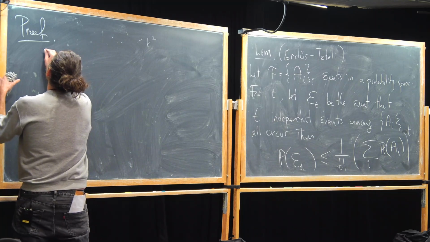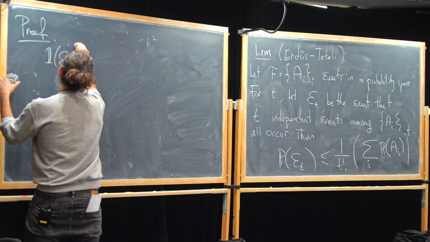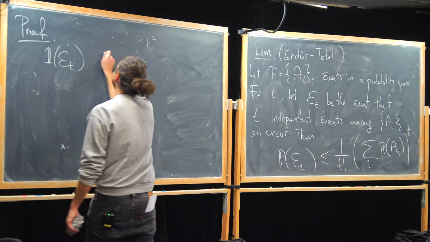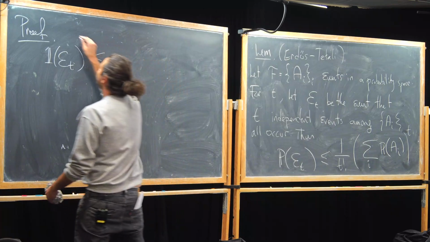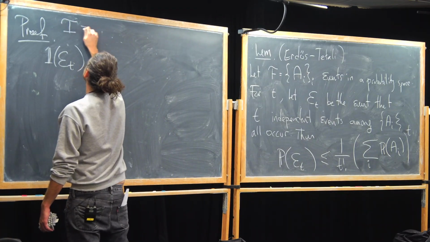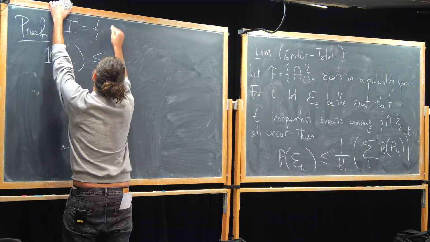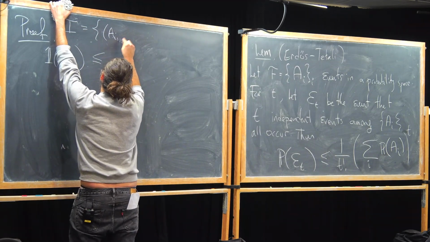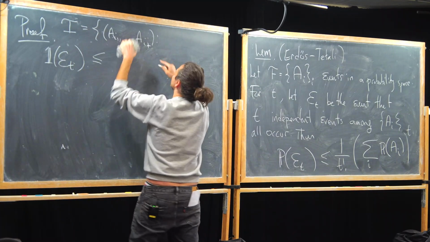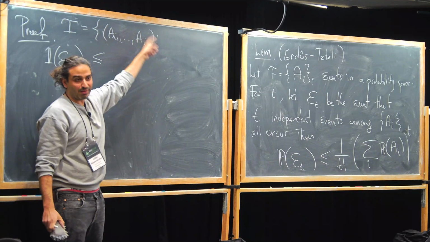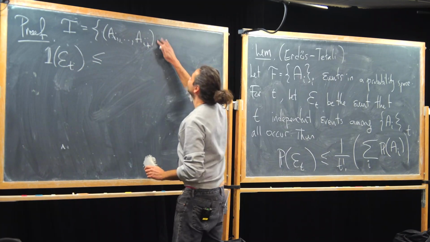Okay, so let me just write down the indicator. It's not strictly a necessary step. So the indicator of the event epsilon t is at most. Okay, so now maybe it's useful to make the following definition. This is kind of the picture that I had on the board. So this will be all tuples a_i1 up to a_it, such that that collection is all independent.